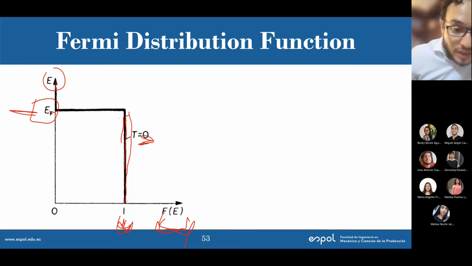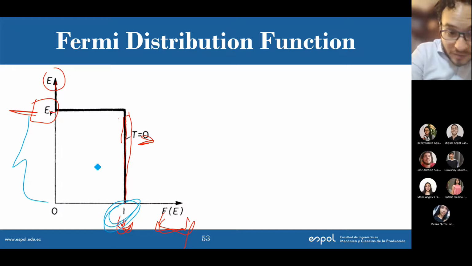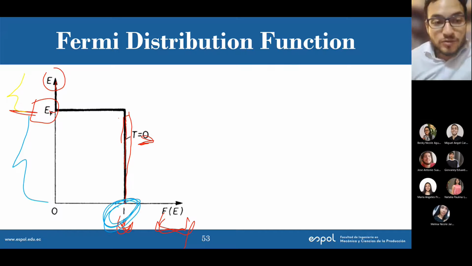So all energy levels that are in this range, what happens with all those levels? Well, they are completely filled because they have a probability of 1. Whereas those levels that are above the Fermi energy, when t equals 0, so that means the energy levels that are here, what happens with all those levels? Well, those levels have a probability of 0, so that means they're unoccupied.